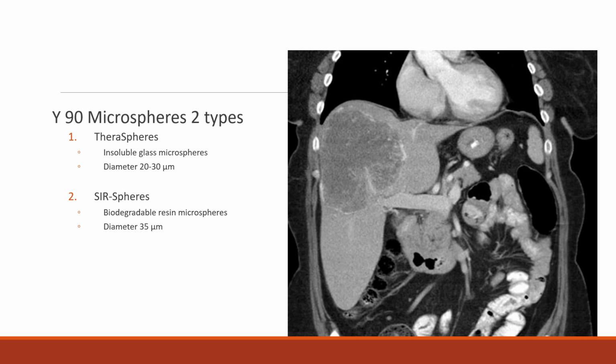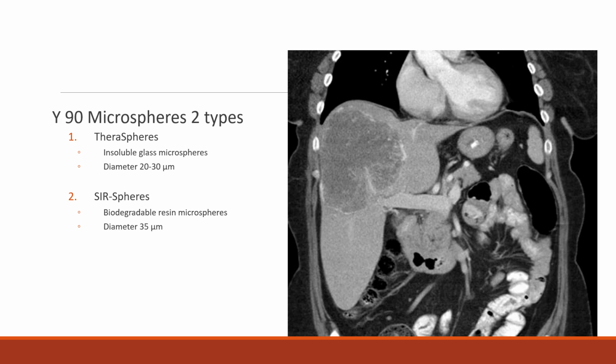It's capable of forming new blood vessels. It will steal blood supply from healthy liver tissue, but it will also create its own blood supplies, and it becomes very tortuous. There's areas of blood pooling and clotting and all kinds of nastiness in that tumor. It's just a messy, bloody tumor.